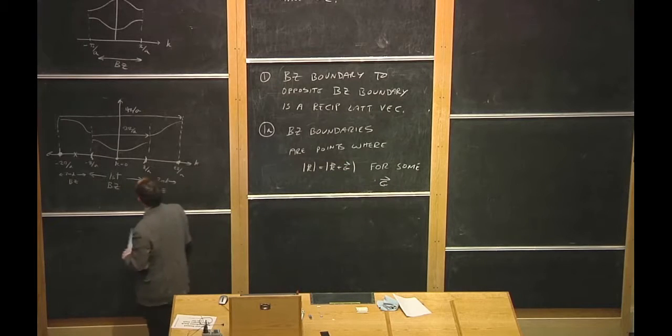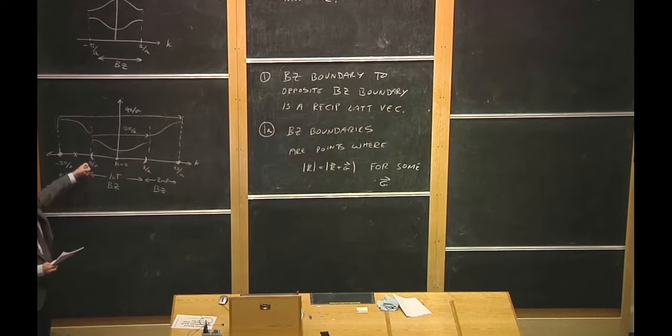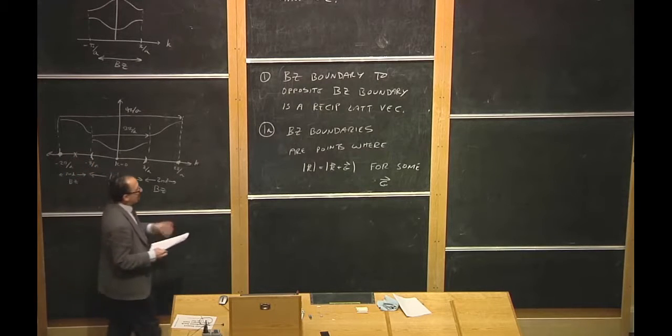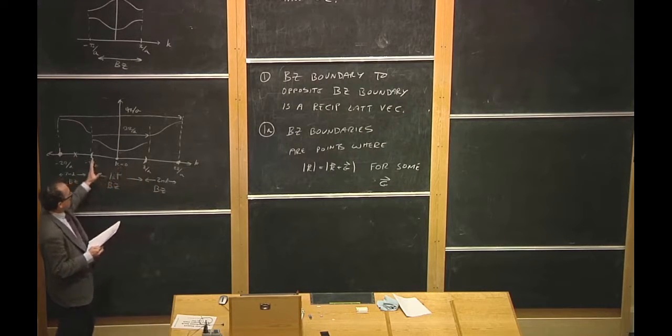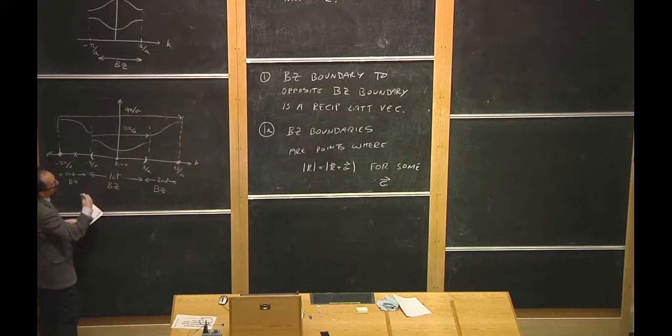So you need to have k and k plus g having the same magnitude, for g being some reciprocal lattice vector.